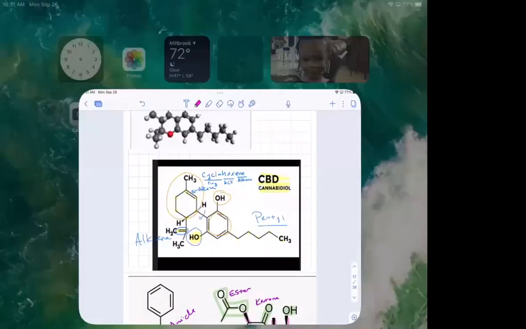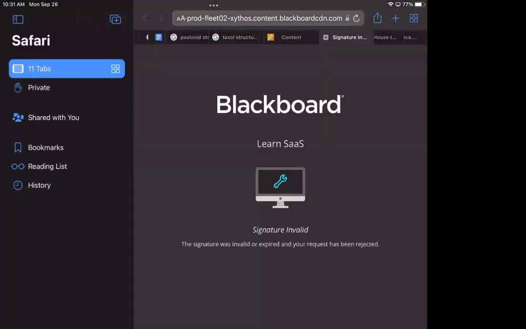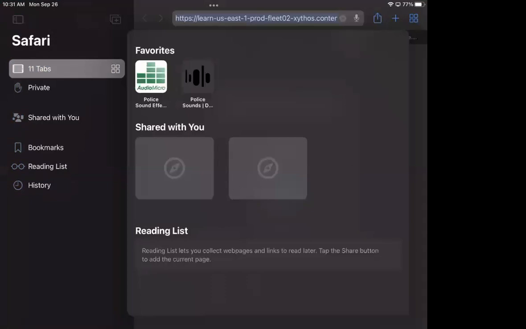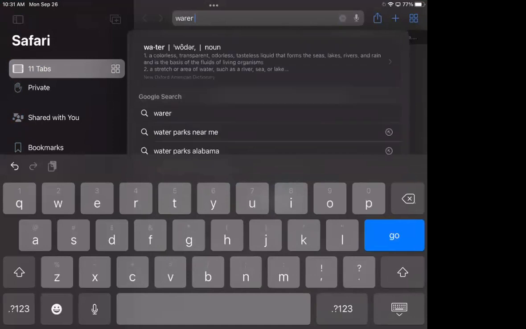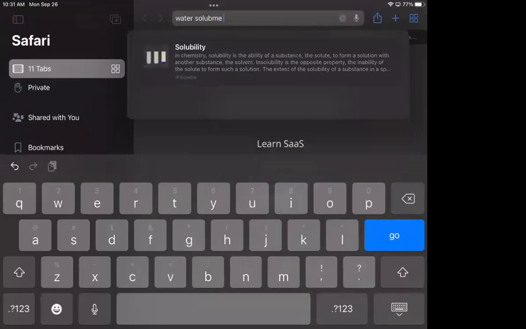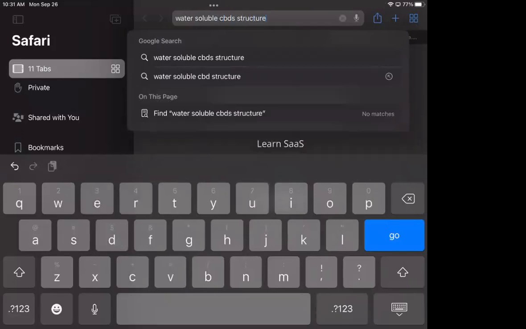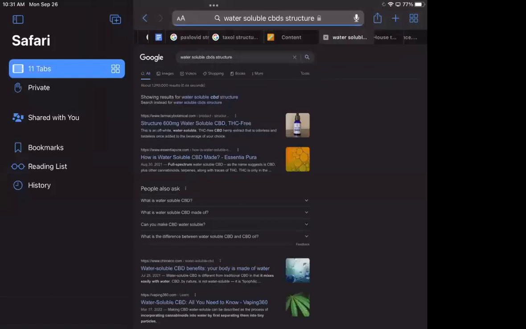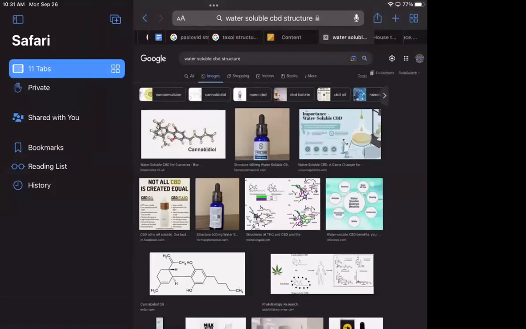So I want to see what it looks like if we can find it. Because I know with CBDs, some of them are water soluble and some of them are just the oil. Let's see what the structure is. Let's see how they modified it. If they show it.